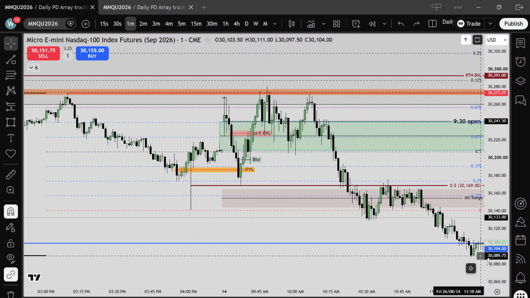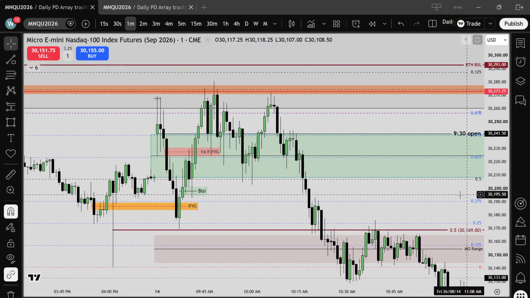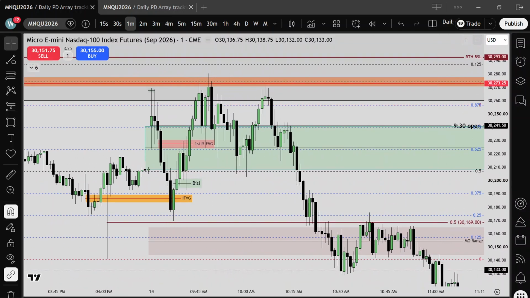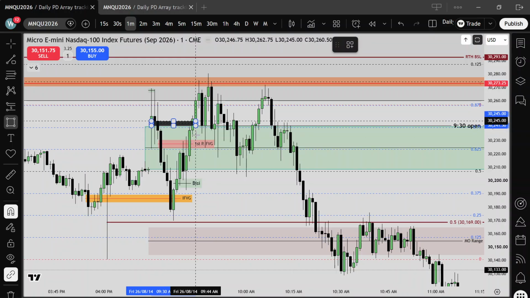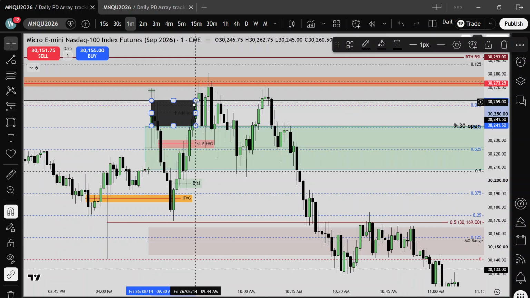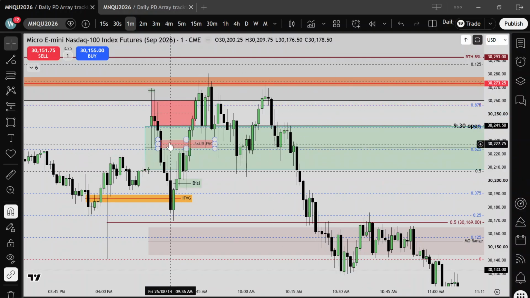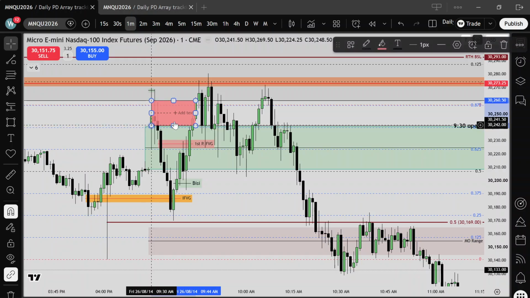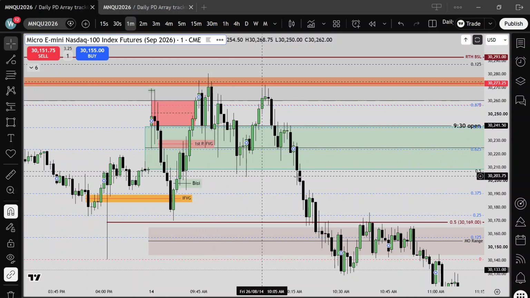So what I was saying was, if you look at it from this perspective, here's the opening price at 9:30, and then we go to 9:44 closes. So opening price, and then 9:44 closes right there.